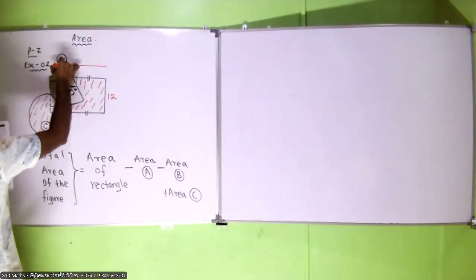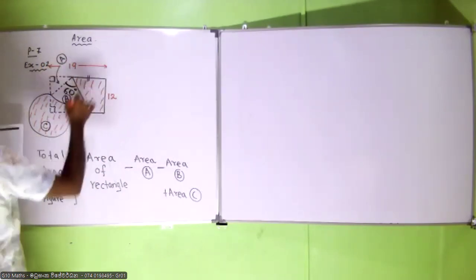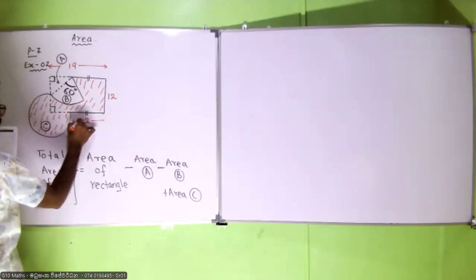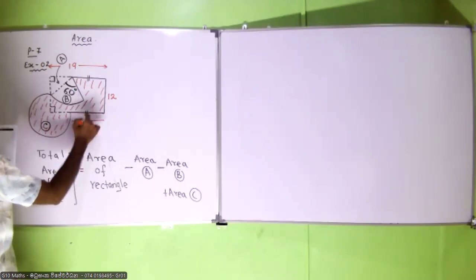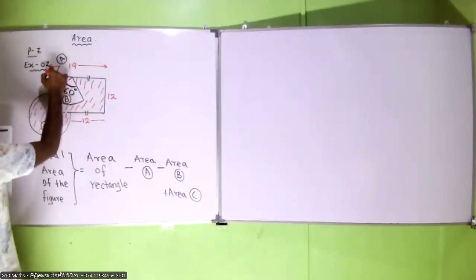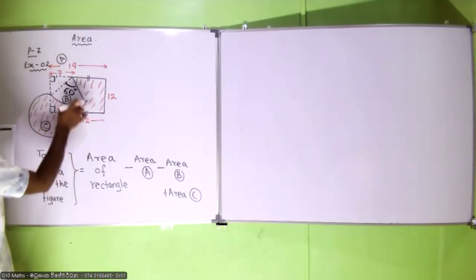From here to here, 19. And this length is 12. So if this length is 19 and this length is 12, same length, this length you can find. This is 7: 19 minus 12.